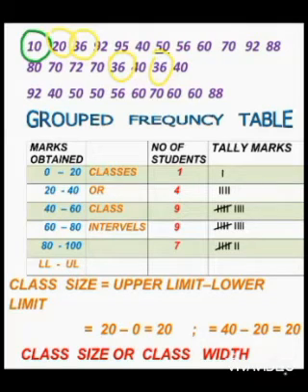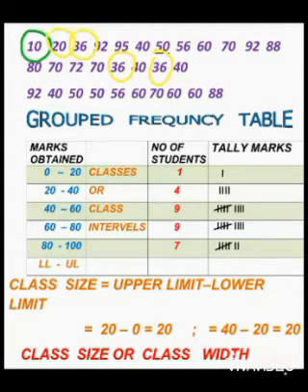You see the last class interval, children: 80 is the lower class limit and 100 is the upper class limit. This is how all the values on the left side we call lower class limits, and all the values on the right side we call upper class limits. Children, you have understood what lower class limit and upper class limit mean.